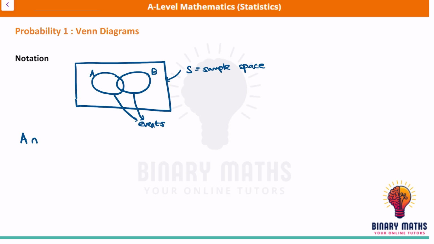Okay, notation-wise, they might be A and B events. So A intersect B means A and B, so both A and B occurring.